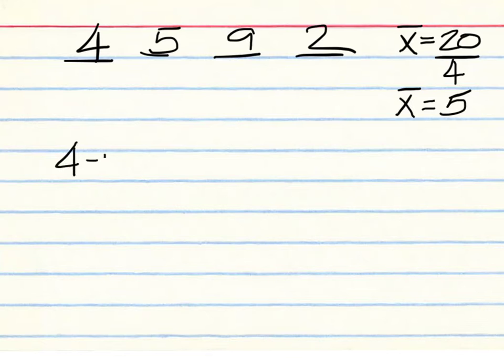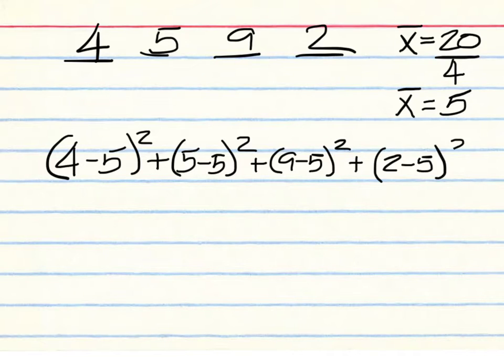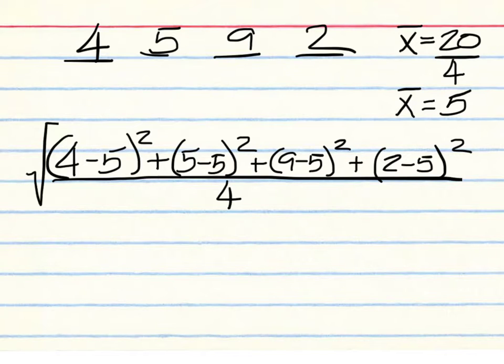So each number in the list minus 5, and then square the result. 5 minus 5, square it. 9 minus 5, square. And 2 minus 5, square. Divide everything by 4, and then a square root.